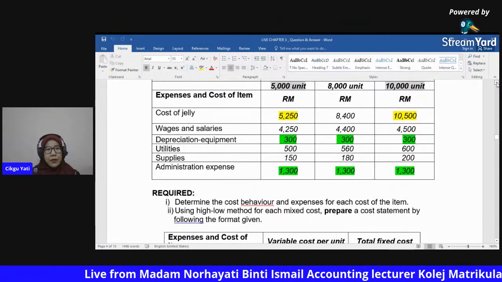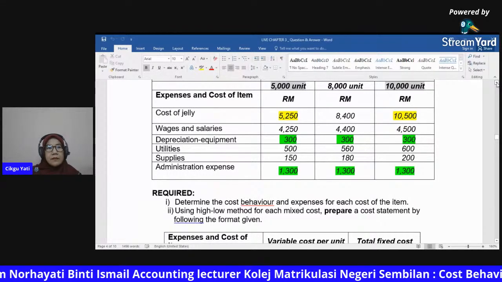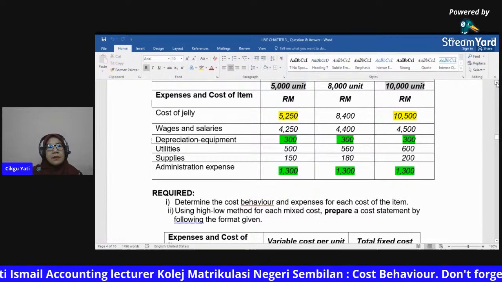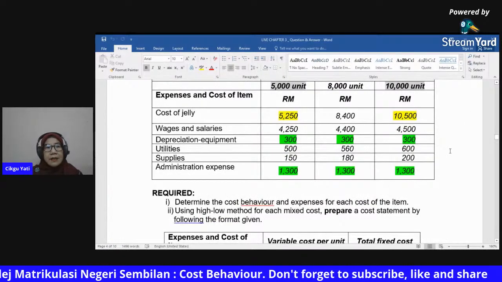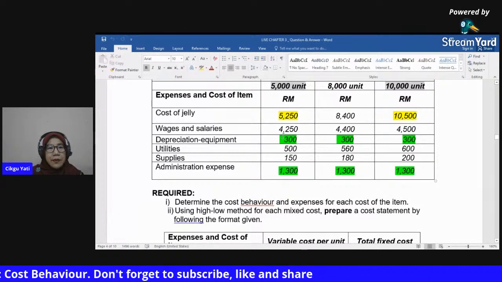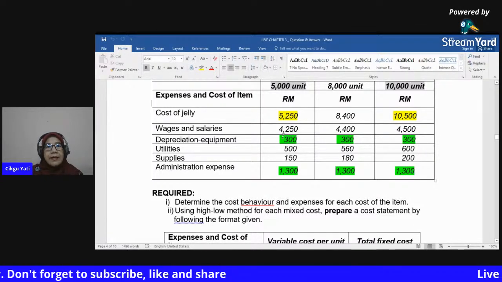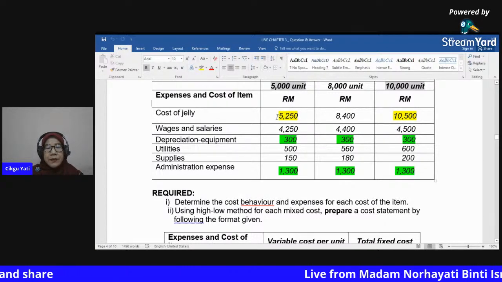Okay, from that question, you must identify the cost, either variable cost, fixed cost, or mixed cost. Look at this question. Cost of jelly increased from 5,000 units.